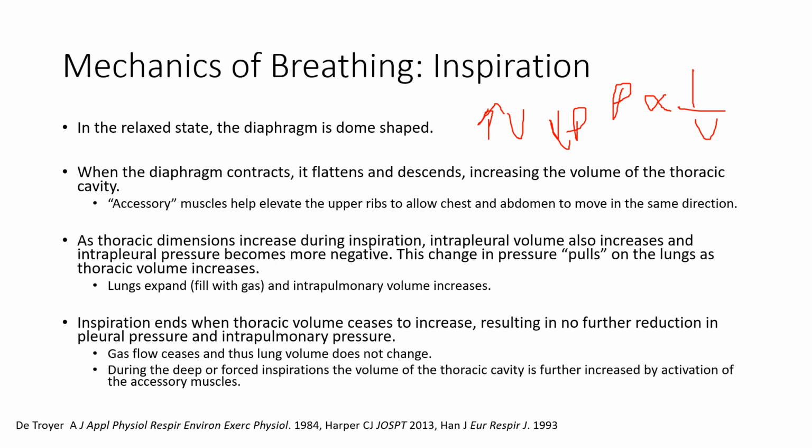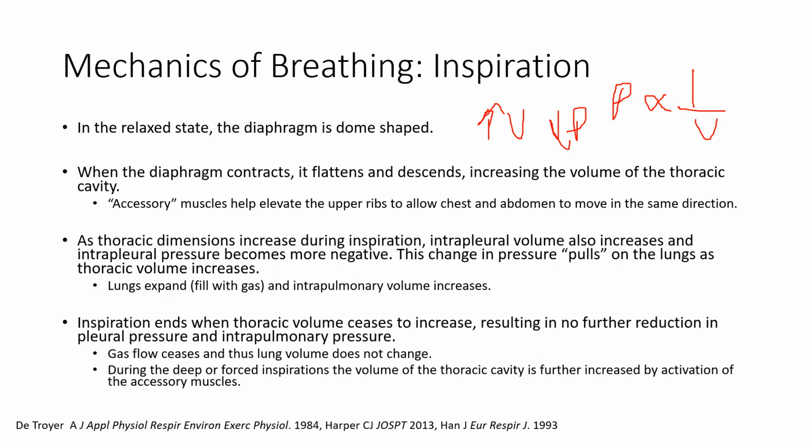By expanding the chest, we expand the volume in the pleural space and further decrease its pressure, which allows the lungs to increase their volume, which causes their pressure to decrease, and that allows air to flow in. It's all by dictating these changes in the thoracic wall, which influence the intrapleural space, which then allow the lungs to expand.